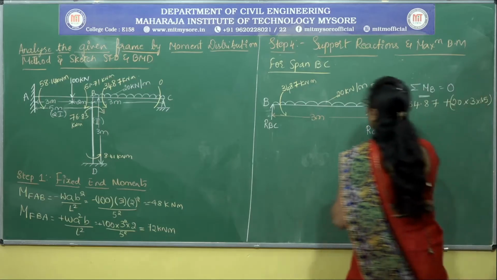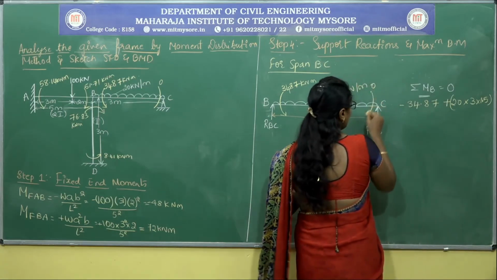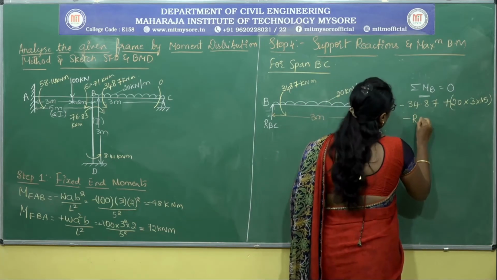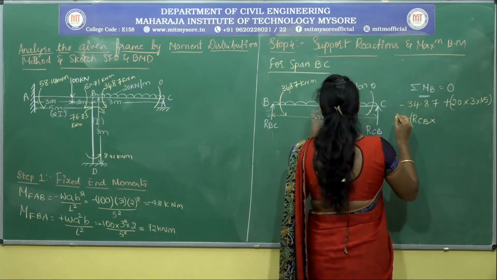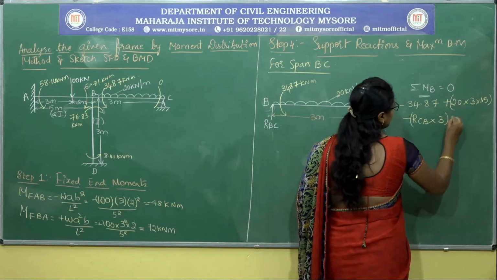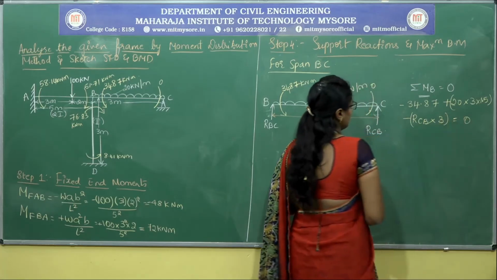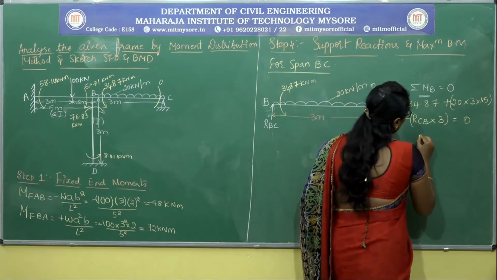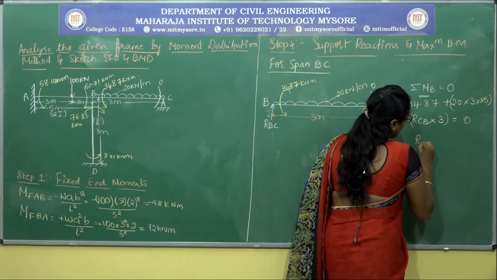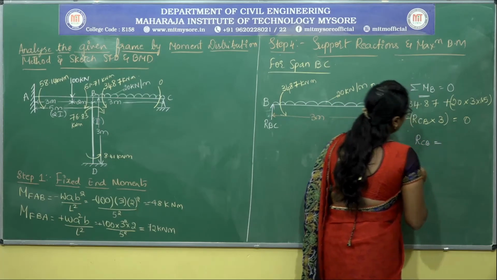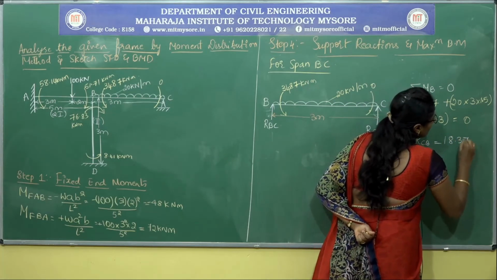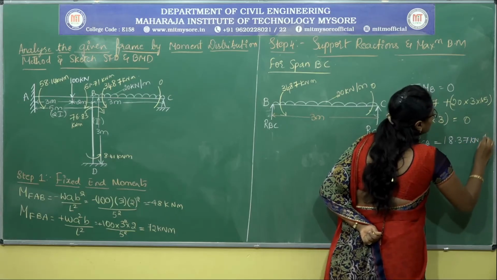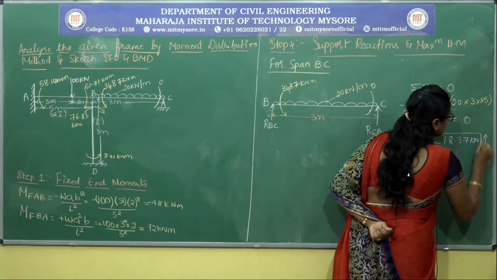Then again this is 0. So, consider only reaction at CB into the perpendicular distance of 3 meters. So, therefore, finally RCB is equal to 18.37 kilonewton positive, for it is upwards.